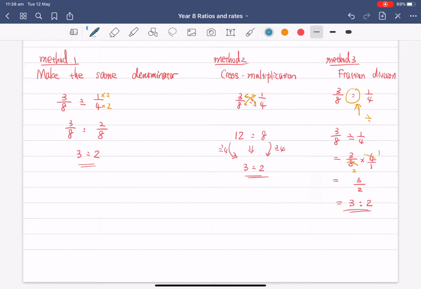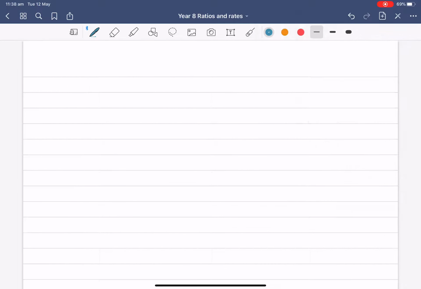All right, now the last type of question is where they provide you ratios with different units, and you need to know how to simplify it. So this is based on unit conversions. For example, the first one is 12 millimeters to 3 centimeters. The idea here is it doesn't matter if you want to change millimeters to centimeters or centimeters to millimeters.